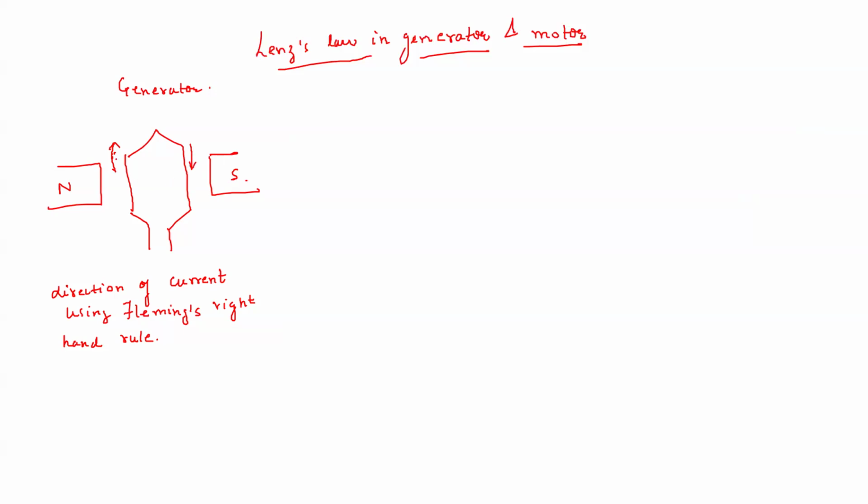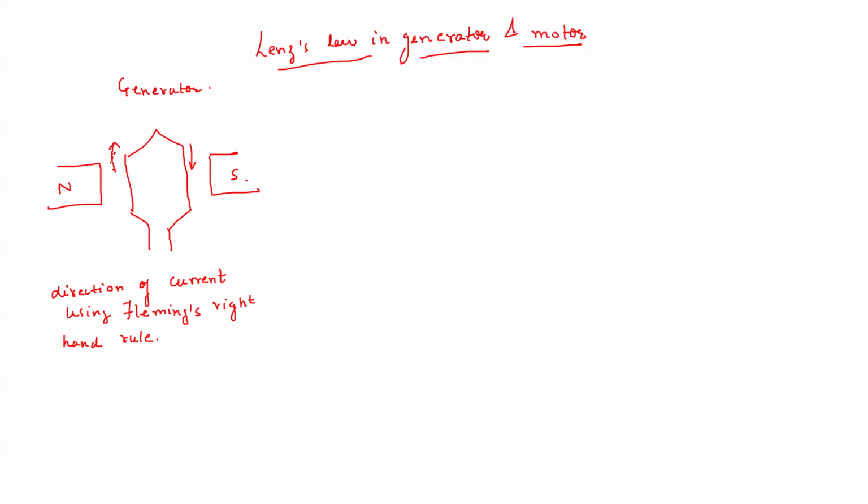So the motion, denoted by the thumb in Fleming's right hand rule, is in the upwards direction, and your forefinger, the index finger, which denotes the magnetic field direction, is from left to right.